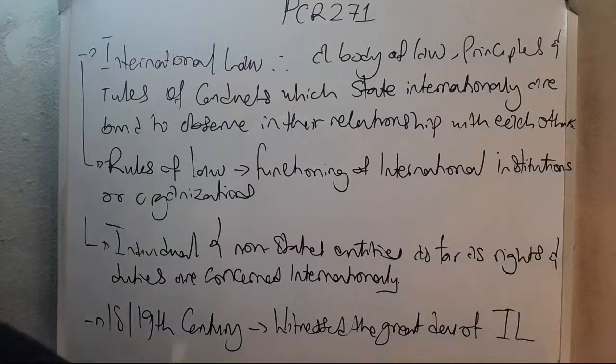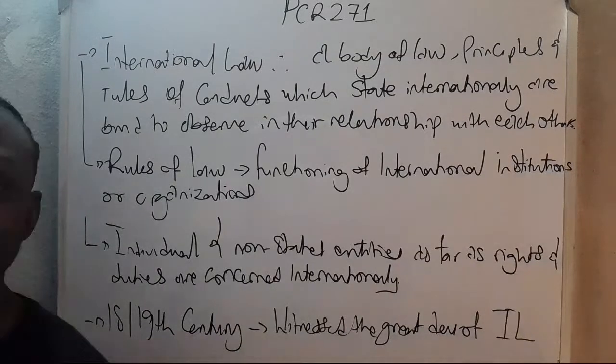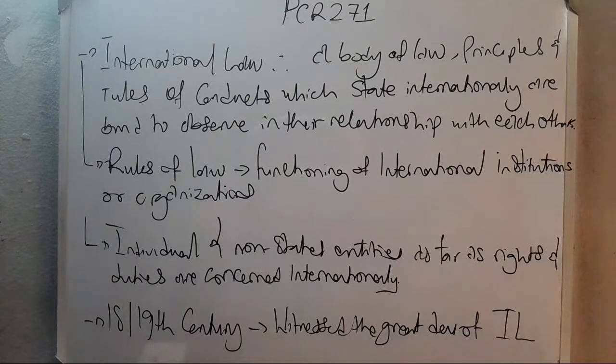Now let's proceed. It says there are so many assertions about the real origin. So many theories, so many philosophies about the real origin of international law, or how international law emerged or came into being.